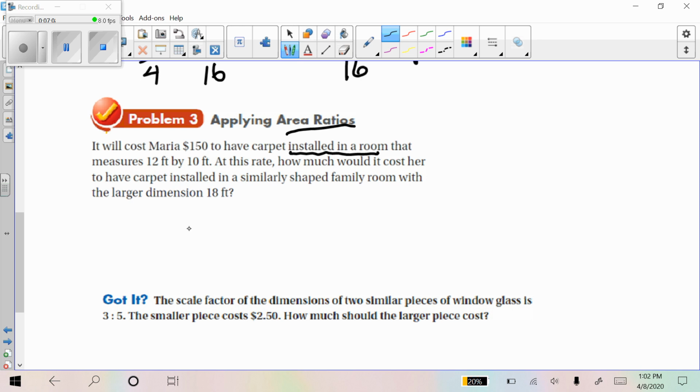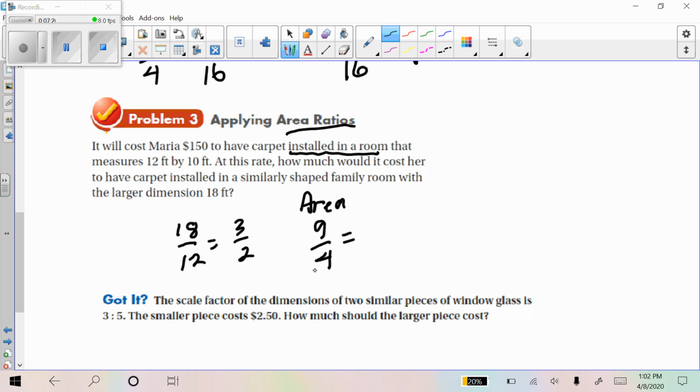So our scale factor is going to be 18 to 12, large to small, which simplifies to 3 over 2. But our area factor will be those numbers squared, which is 9 over 4.